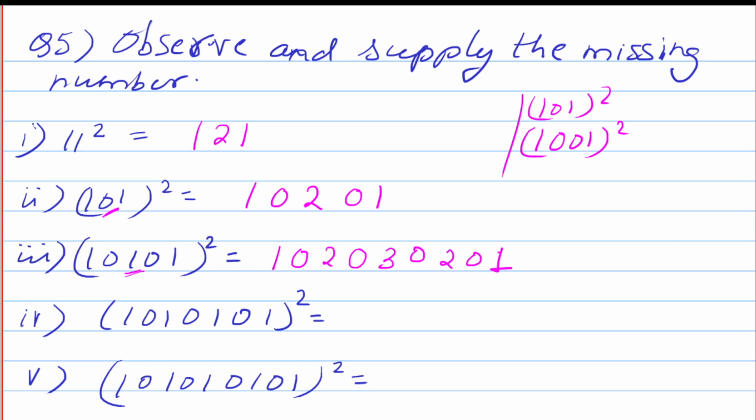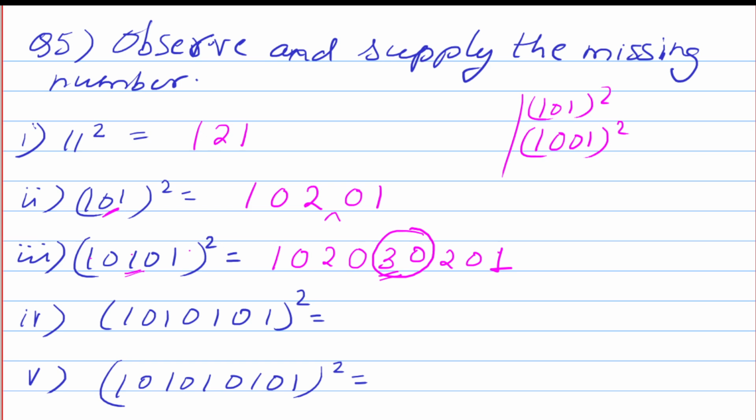How will you remember which number to add in this? Just count the number of ones. There are 3 ones over here, so you will add 3 over here and then repeat the whole thing.